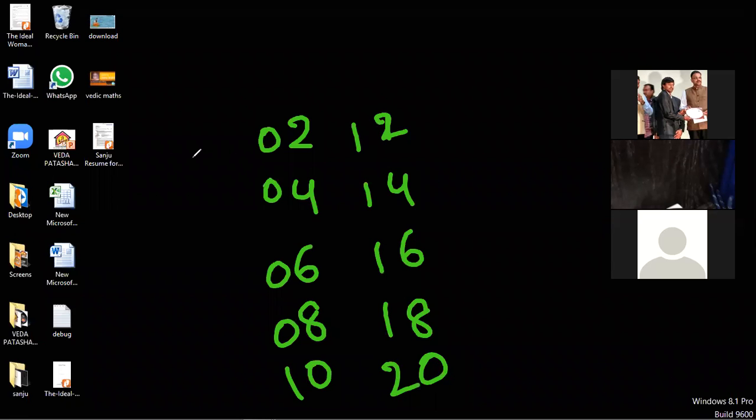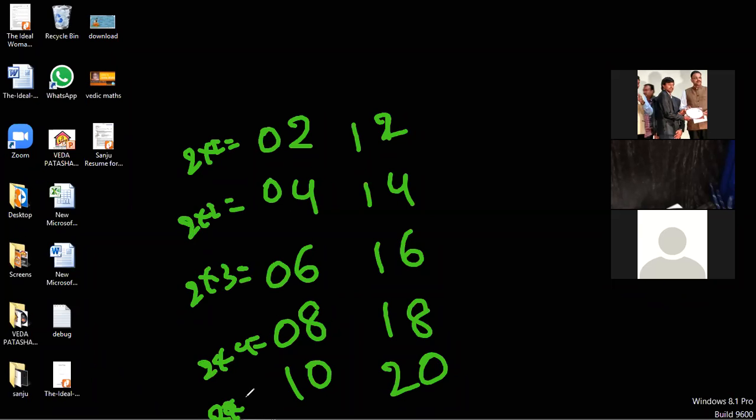That's it. 2 times 1, 2 times 2, 2 times 3, 2 times 4, 2 times 5, 2 times 6, 2 times 7, 2 times 8, 2 times 9, 2 times 10.